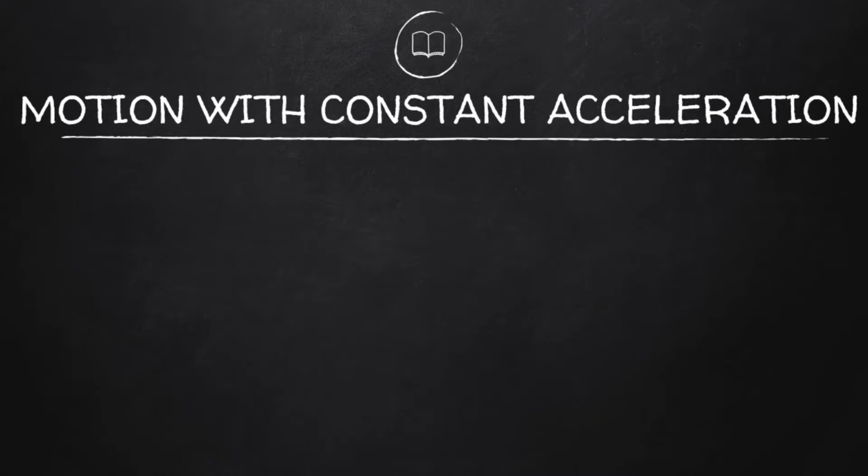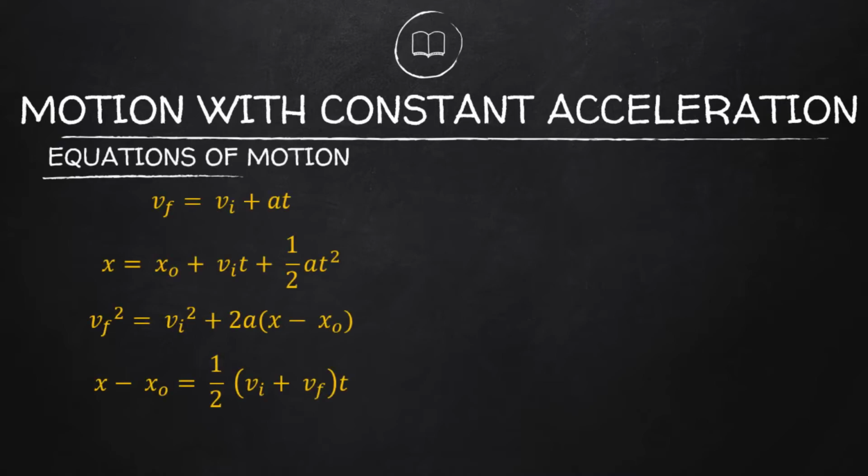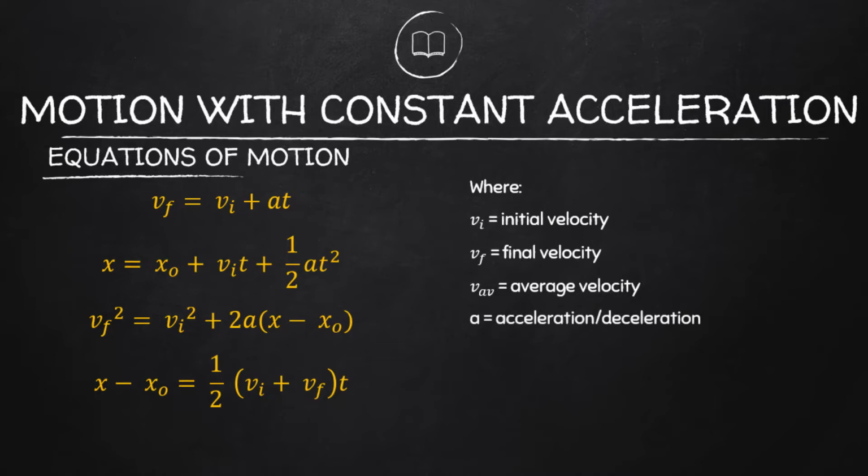For motions with constant acceleration, or uniformly accelerated or decelerated rectilinear motion, the following kinematic equations of motion are going to be used. Again, we have your initial velocity, final velocity, average velocity. A is the acceleration or deceleration. If that is acceleration, that would have a positive value.